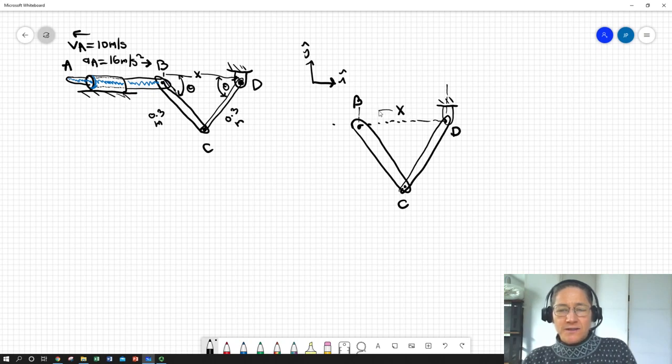So if we take a look at this distance x between B and D in the i-hat direction, D is not moving.